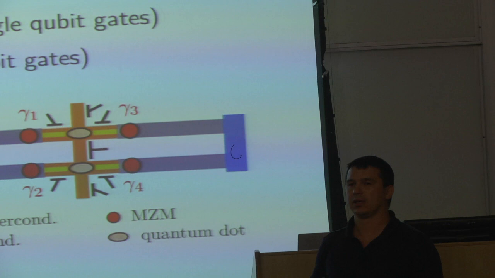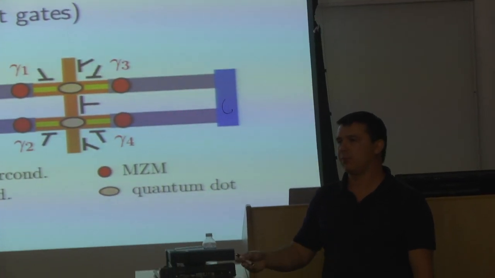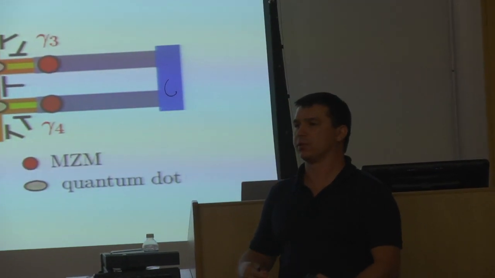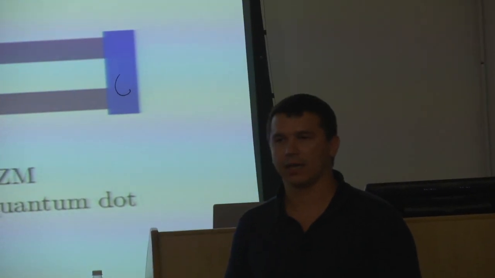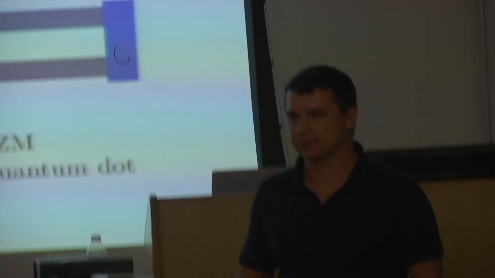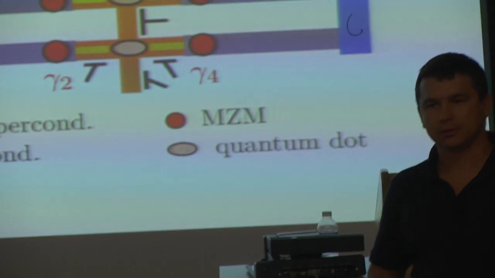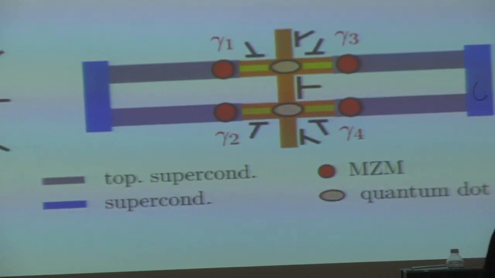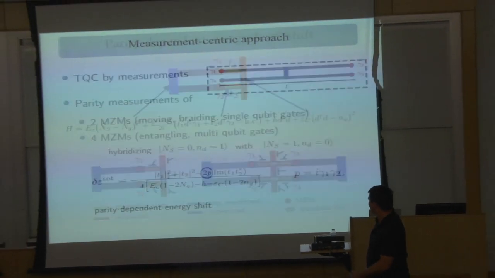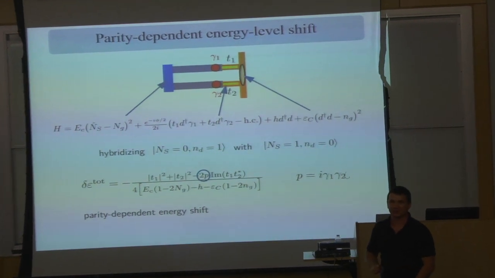So this possibility, this coupling to semiconductor, allows us to implement single-qubit gates and 2-qubit gates and couple 2 qubits. So that's equivalent to the braiding that you were doing? Great question. I'll answer it in one more slide.